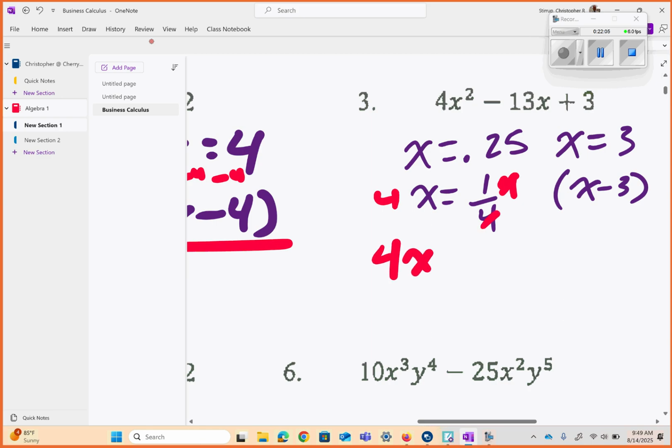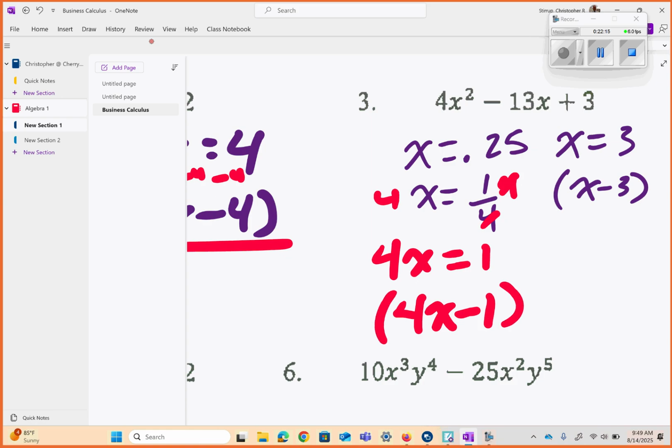So now 4x is equal to 1. I subtract 1 from both sides, so I know this factored is 4x minus 1 and x minus 3. They're both going to be the same. But again, we're utilizing the technology to allow us to go deeper into a concept.